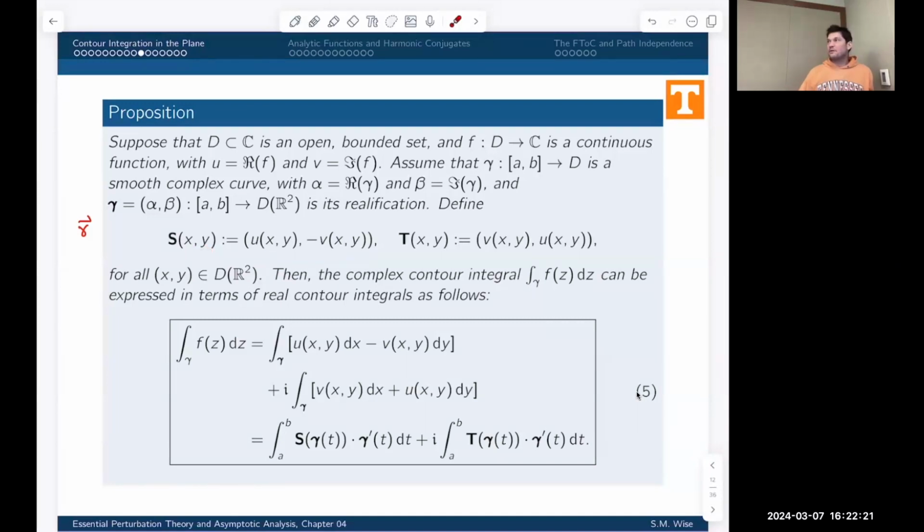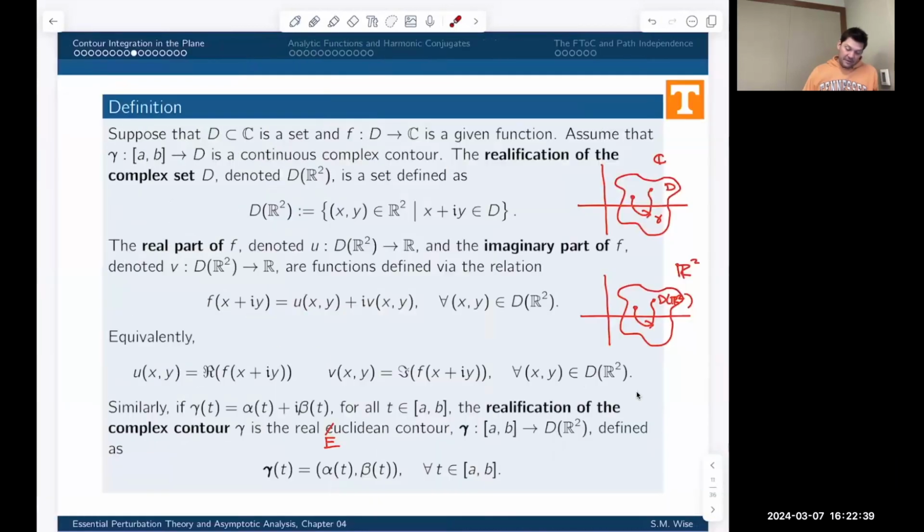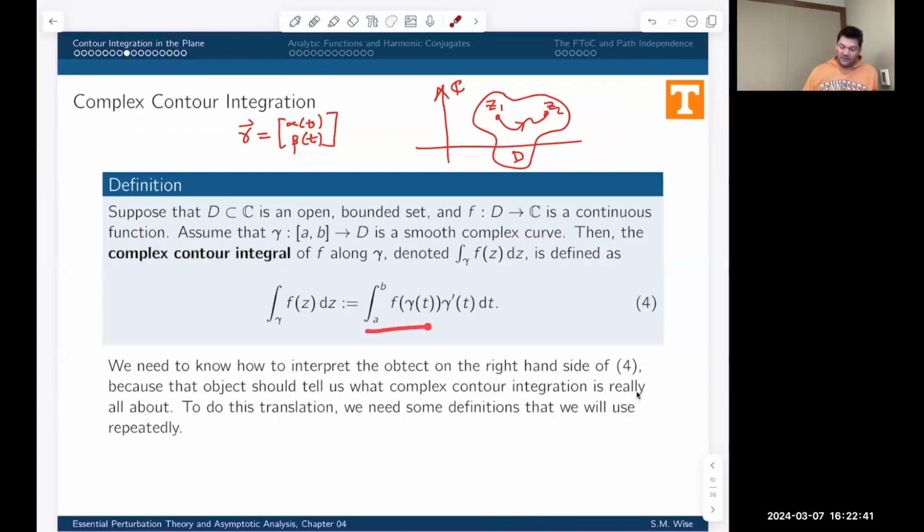So I'm trying to convert this complex integration into something real that we can then apply all our theory from the real variable theory. Then the complex contour integral can be expressed in the following terms. Of course, this is what we want to define. And we have a good definition of it. It's given here.